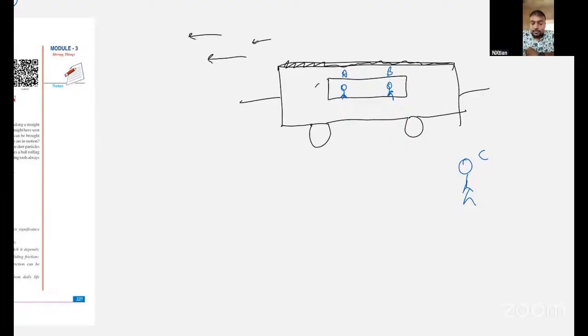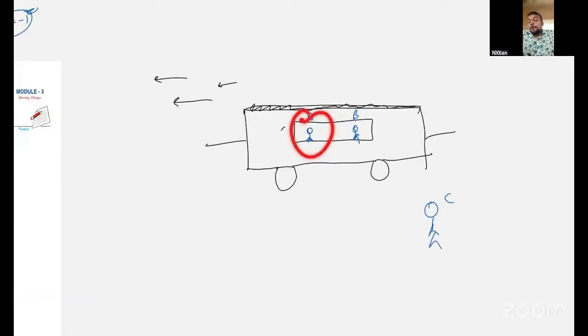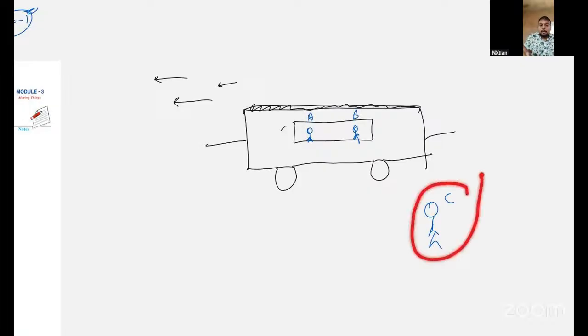Now, if I see person A, what will person A say? Because the train is moving, according to him, person B will be at rest because he's just sitting in front of him. But the person standing outside, because the train is moving, person A will say that C is moving.